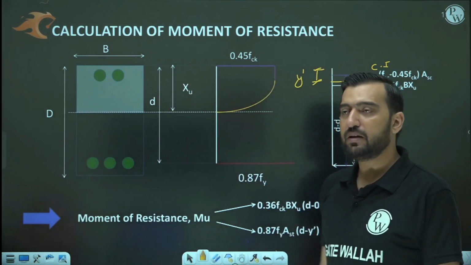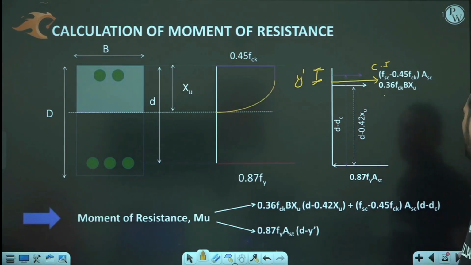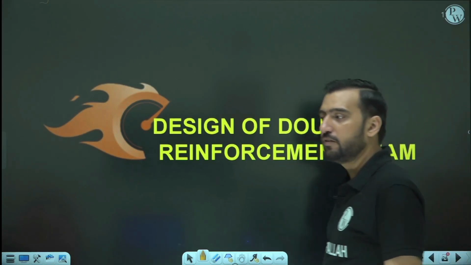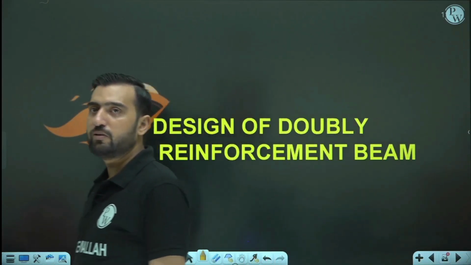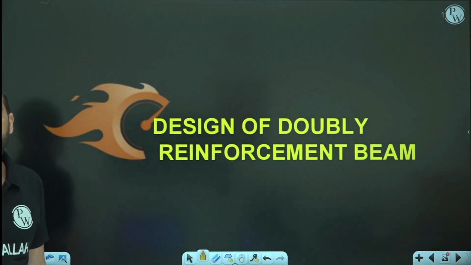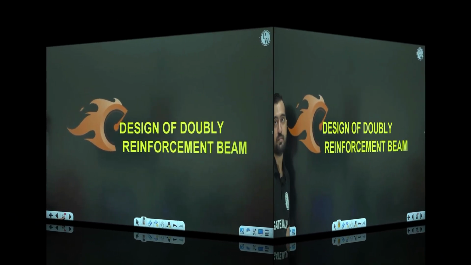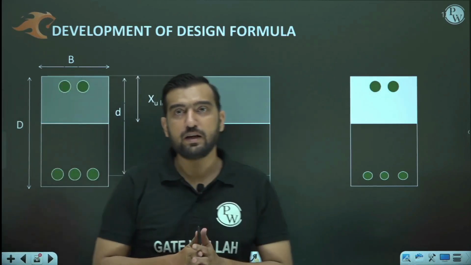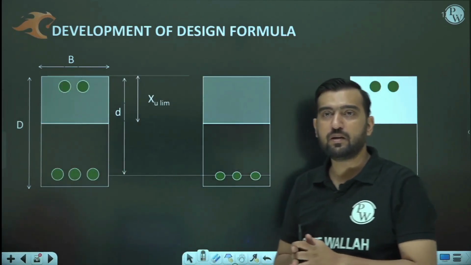After that, my dear friend, we will be seeing the third aspect of today's session, which is the design of doubly reinforced beam. Okay, so in design, first of all, we are going to see how to develop a design formula.